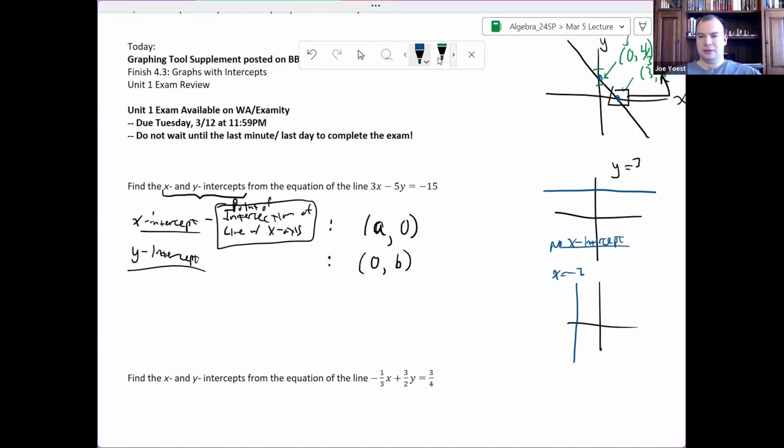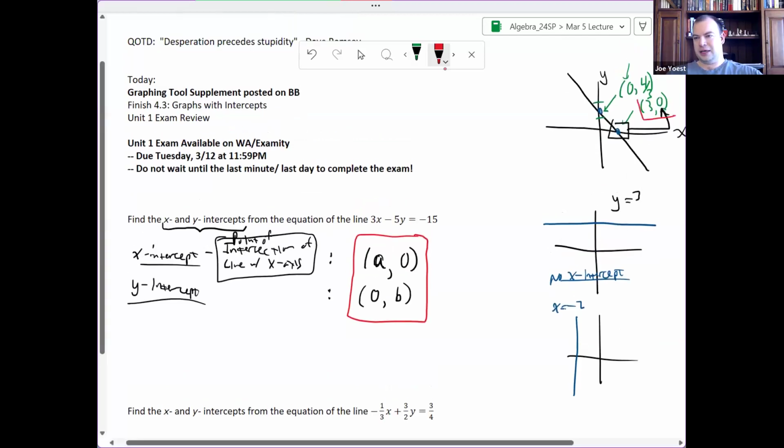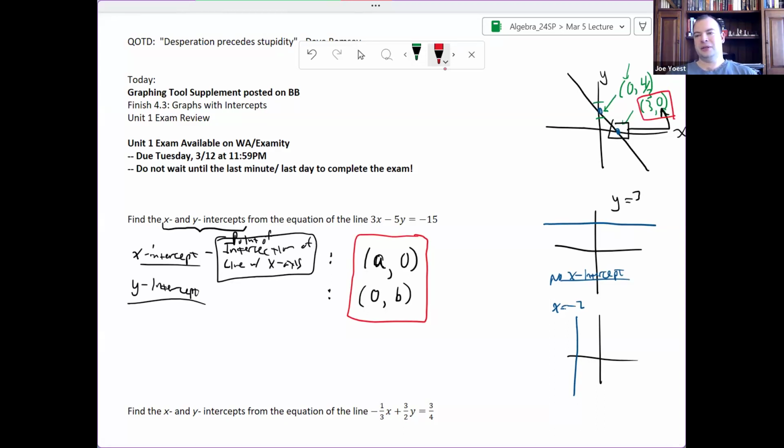And the second note is that the intercepts are points. They're ordered pairs. And this is a bit of a semantics issue. Do we say that the x-intercept is 3? Well, no, we don't. We say the x-intercept is the ordered pair 3, 0. Do we say the y-intercept is 4?